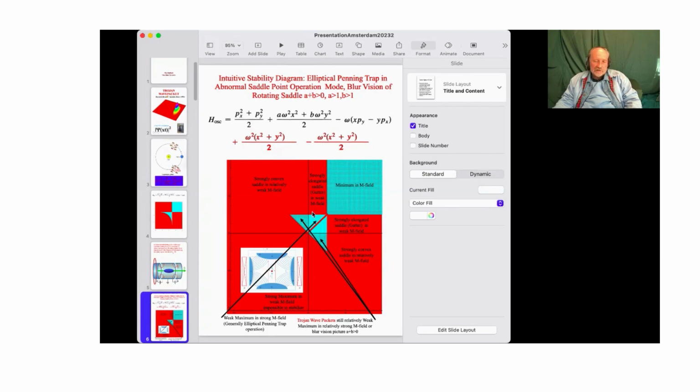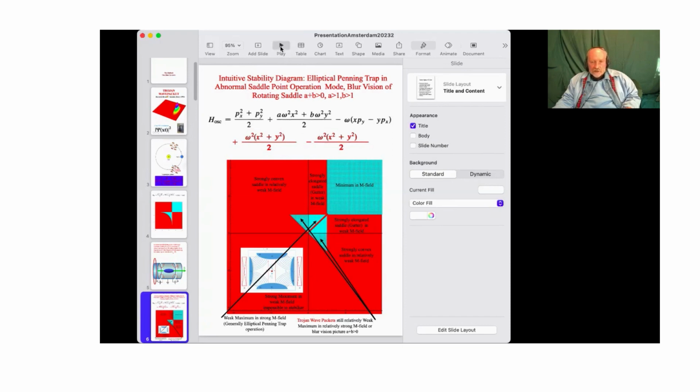Normally, the original Penning trap is cylindrical, but you can consider elliptical, squeezed like a car muffler. This corresponds to elliptical, and also Trojan wave packet in some sense, only the maximum, which is stabilized by the magnetic field, is much stronger.